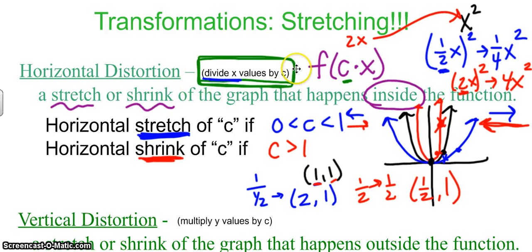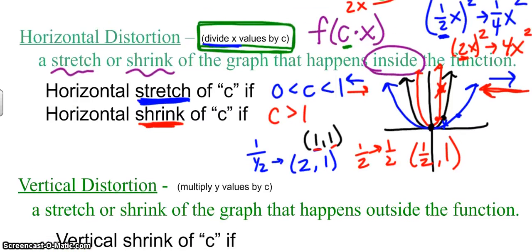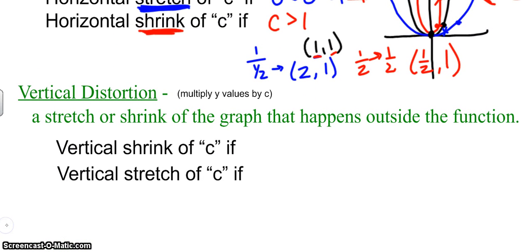This concept is kind of tricky to get a handle on, but as we do more practice problems, you'll see how dividing your x values by c will help you in plotting your graph. The vertical distortions, in my opinion, are much easier. They are ones that happen outside the function, just like our other vertical changes. So we're going to take c times f of x.